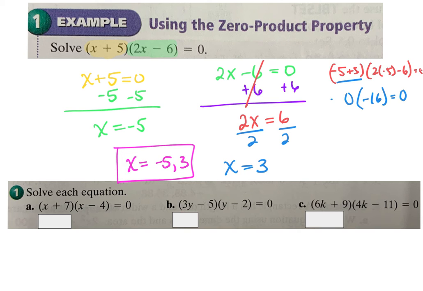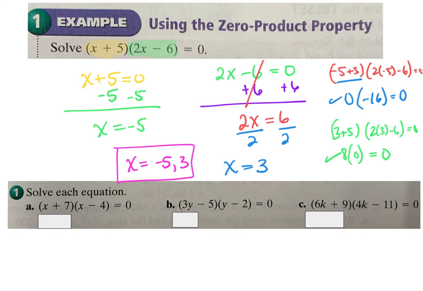Well, yes, okay. And the same thing if I plug in a +3. I would say 3 plus 5 for that first group, and 2 times 3 minus 6, and see if that equals 0. That's going to be 8. We have 6 minus 6. 8 times 0 equals 0. Well, yes, that's also true. And so I know that the two answers that I've gotten work, all right?